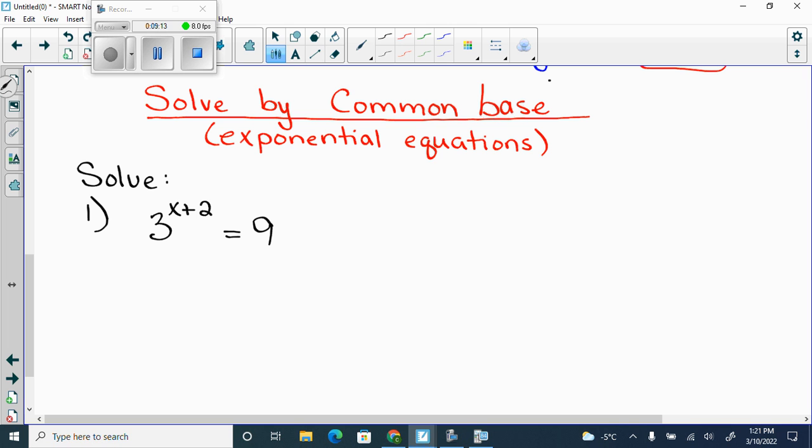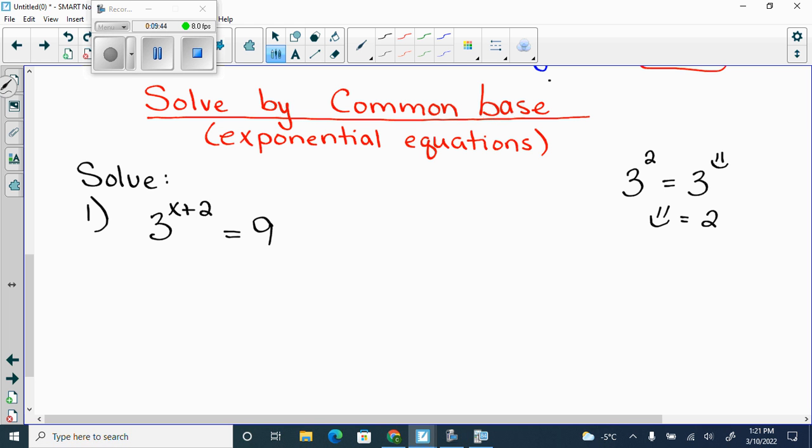A caveat off to the side: if I say 3 squared equals 3 to the smiley face, what could you tell me the smiley face equals? 2. Of course it's 2. This is 3 to the 2, so the smiley face has to equal 2. We agree? This one's easy because they have a common base.